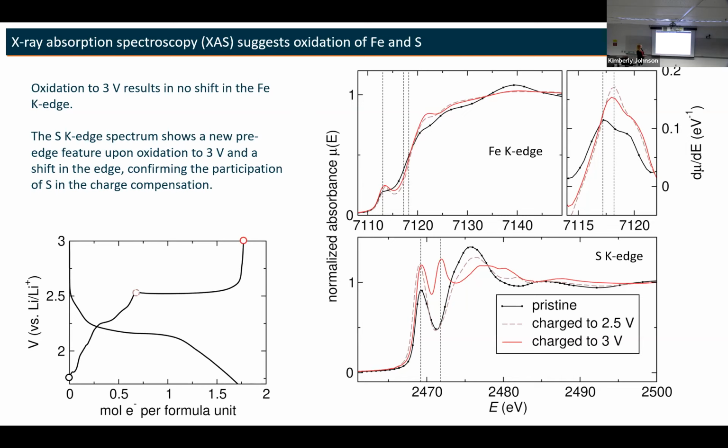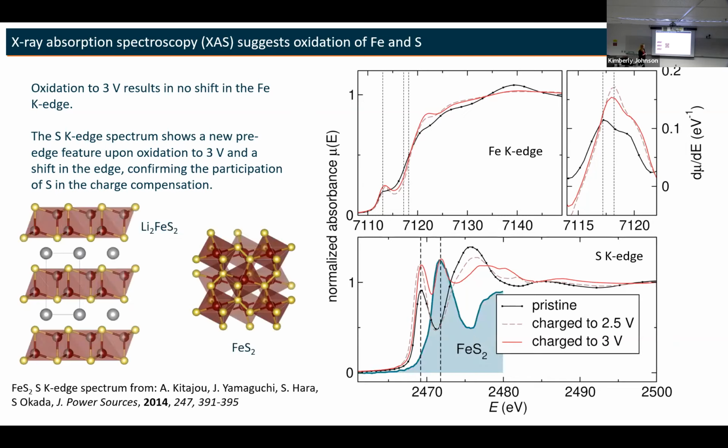So why do we get a new pre-edge feature here? Well, we can compare this with a standard, which would be FeS2. So the fully oxidized material would be FeS2. If I were to do this, if I just pulled lithium out, I would get FeS2 stoichiometrically. The thermodynamic phase that's the most stable in that stoichiometry is pyrite. So in that phase, we have octahedral iron, and all of the sulfurs are persulfide.